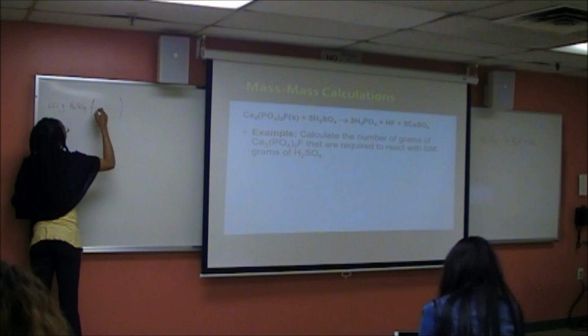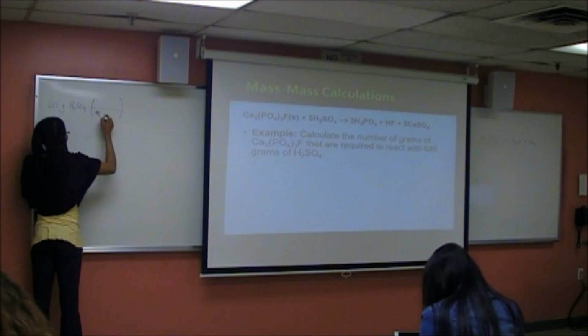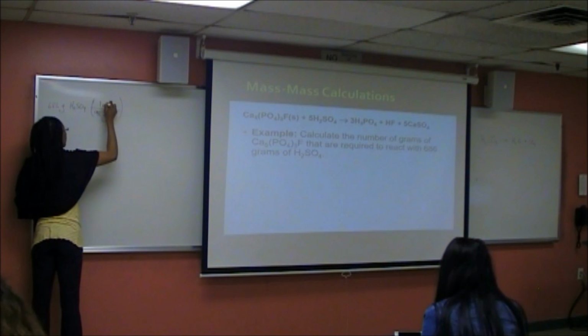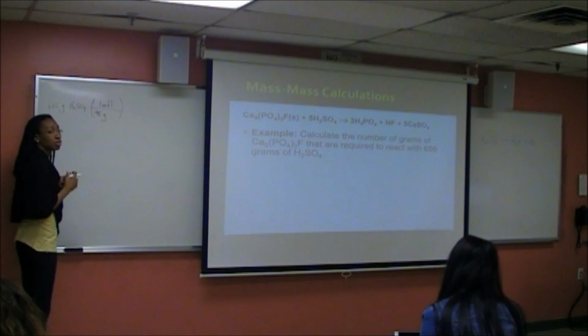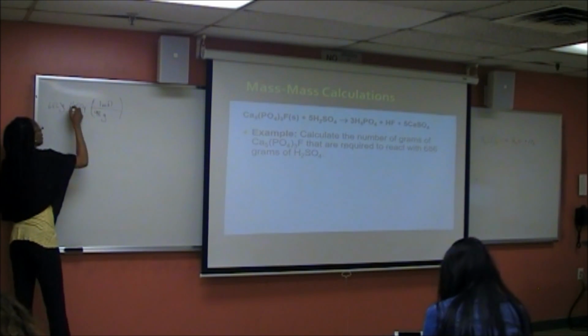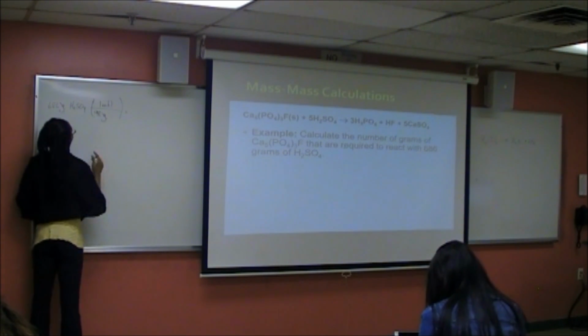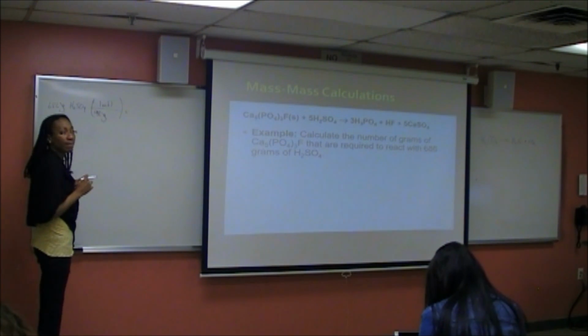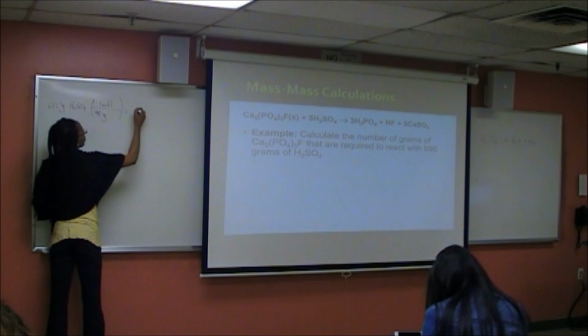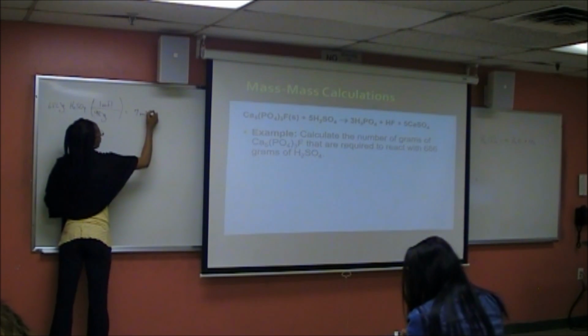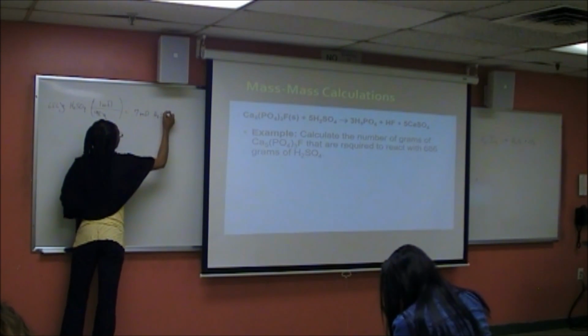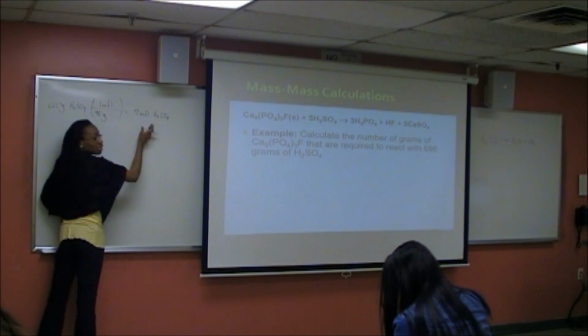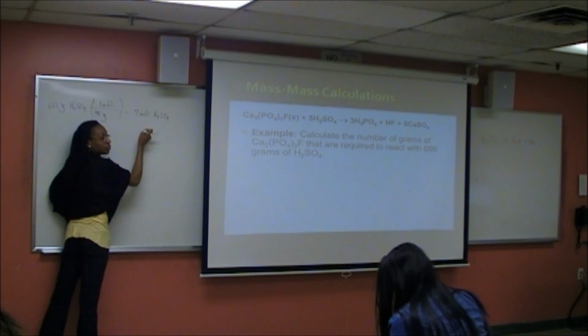So we have 98 grams over 1 mole. Grams cancel out. What do we get? 7 moles of sulfuric acid. This is your new given now.